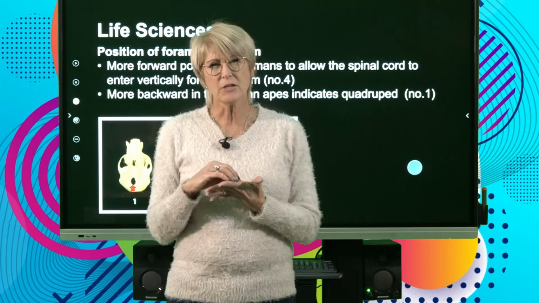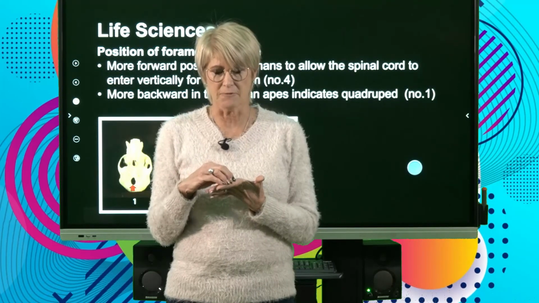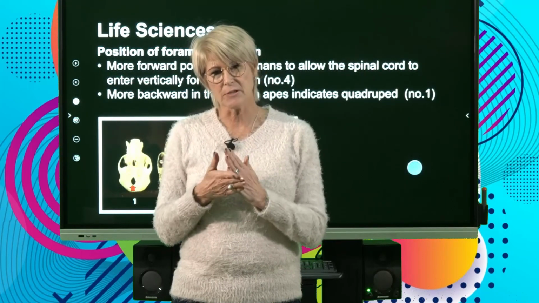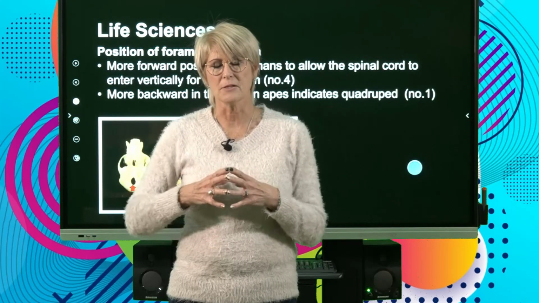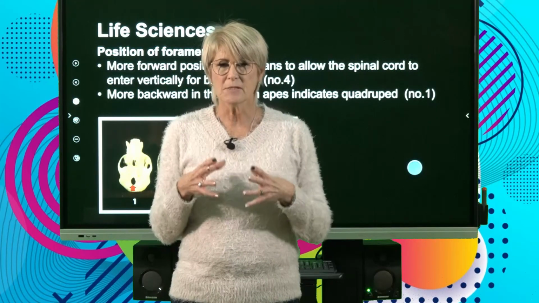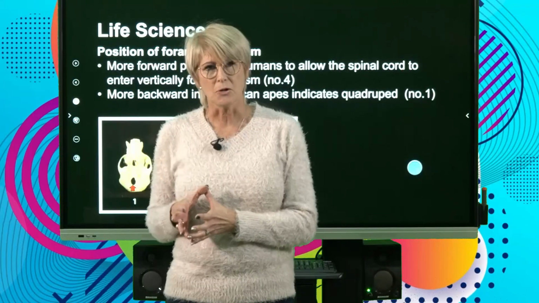Then we look at the size of the cranium, which also is different, and then again at the dentition. Those are the things that have changed due to the fact that humans have become bipedal and the rest of the primates are still quadrupeds.